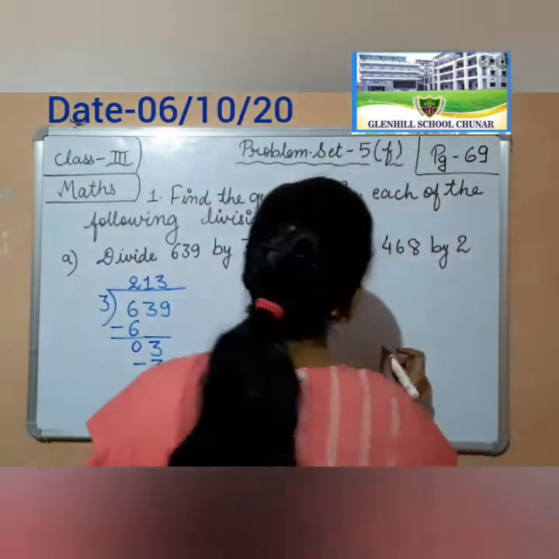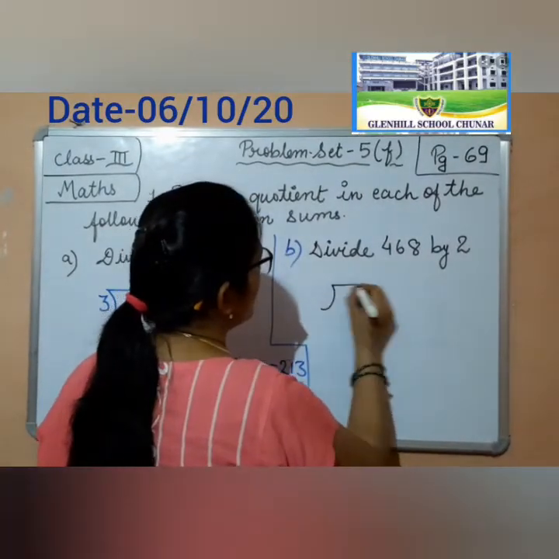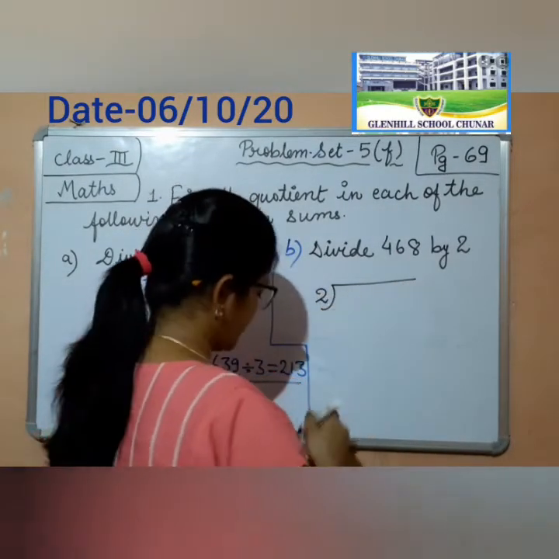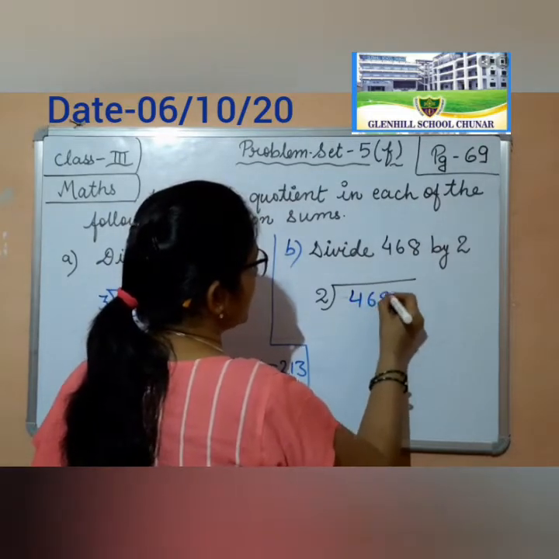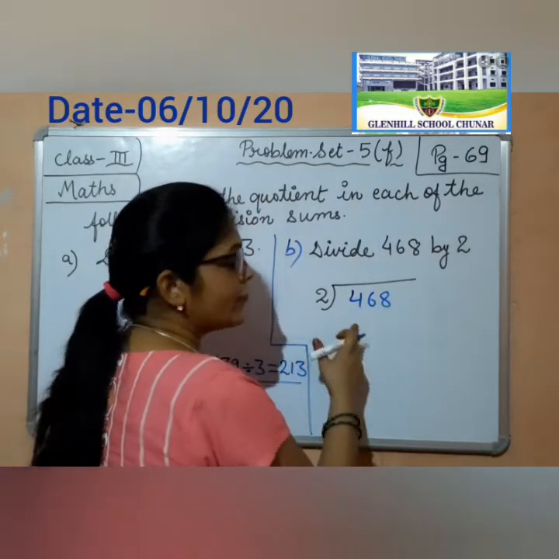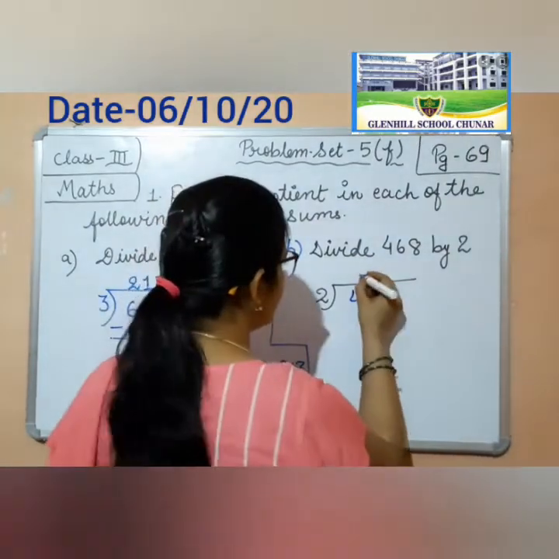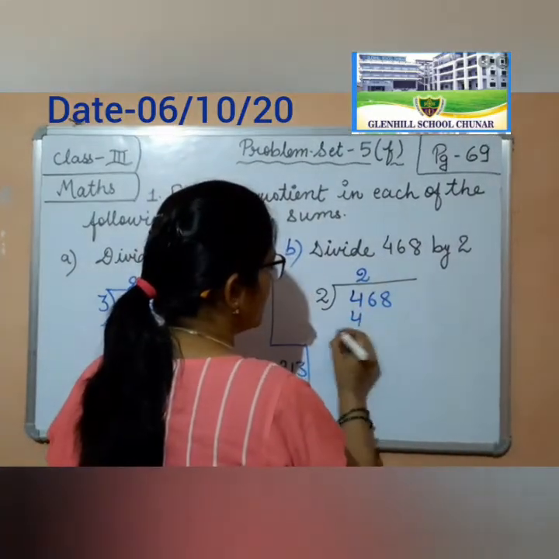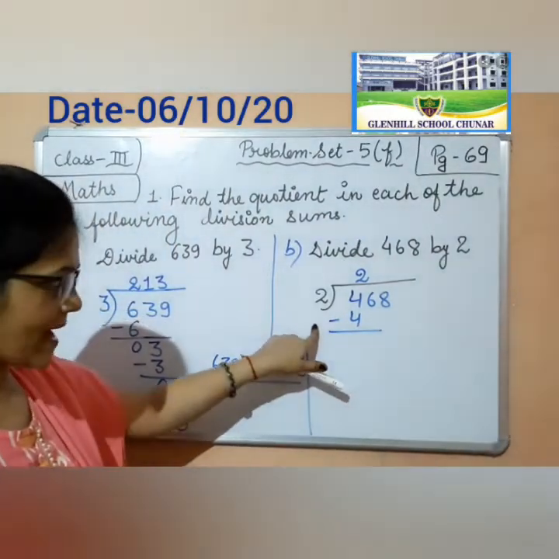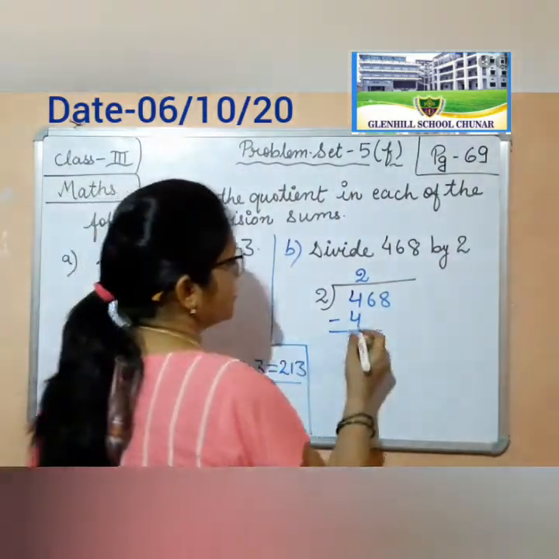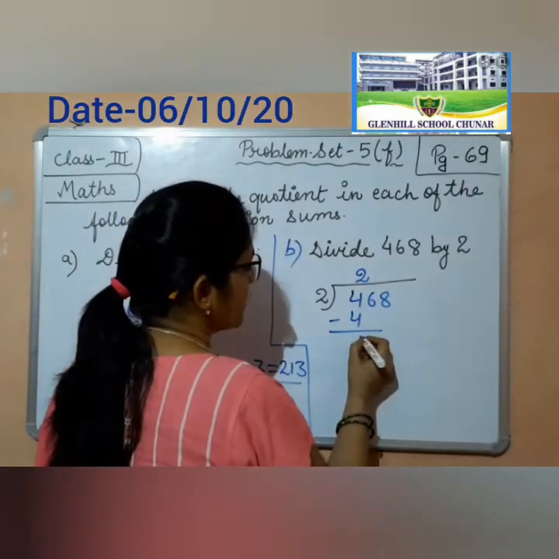again see here, 2 I have written here, and 4, 6, 8 here. Now in 2's table 4 comes in how many times? In 2 times. Okay, 4 I have done. Then again I have done the subtraction here. Then 4 minus 4 is 0.